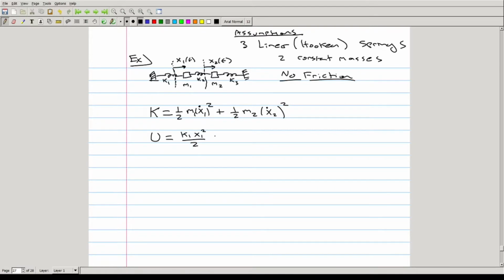So this is factored in here by saying that the spring potential for spring 2 is going to be K2 over 2 times x2 minus x1 squared, because this x2 minus x1 is the deflection of spring 2.